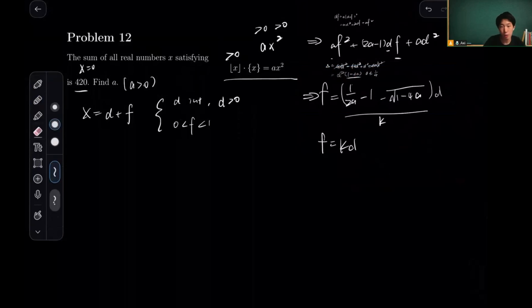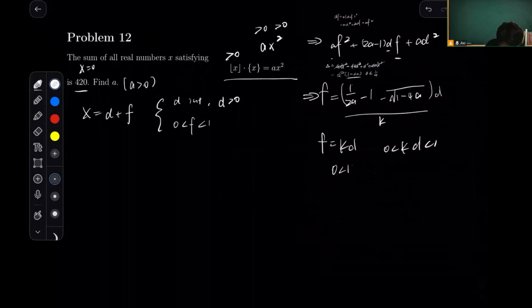So now we can solve confidently that since 0 is less than k and k d is less than 1, we can conclude this is the interval where k lies. However, remember, k is the constant, so d is the one that is actually changing. To what extent can it change? Well, if d grows smaller, then of course the right end of the interval for k grows larger, so the constraints are going to be looser.